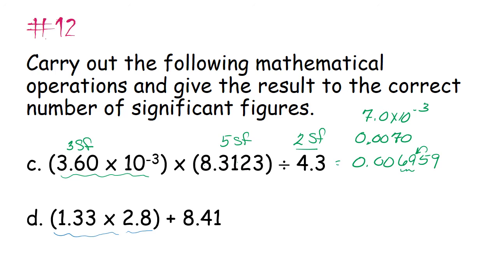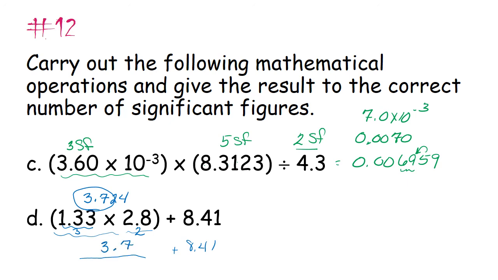Find the product of these two numbers and then add to that the 8.41 following the rules of addition. When you multiplied these first two numbers together, you would have gotten in your calculator 3.724. This first term has 3 sig figs. This term has 2 sig figs, so your final answer, 2 sig figs. So we only care about the 3.7.